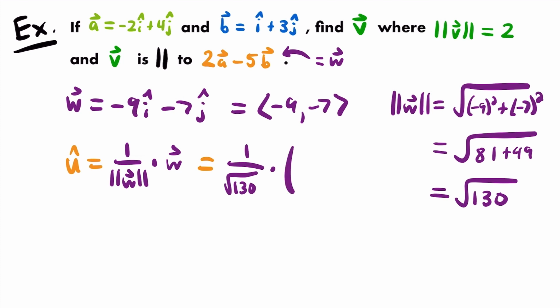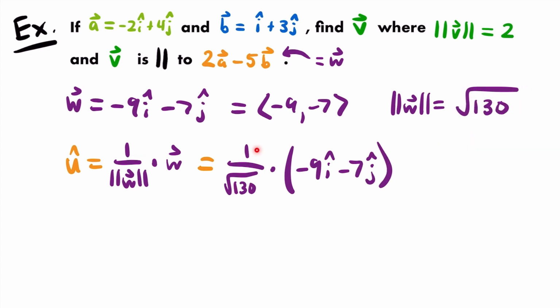So we're going to be multiplying by negative 9i minus 7j. If we multiply this by both of those terms, we will find that the unit vector is equal to negative 9 divided by the square root of 130 times i minus 7 divided by the square root of 130 times j. That right there is the unit vector that corresponds to vector w, and so that describes the direction of vector w.